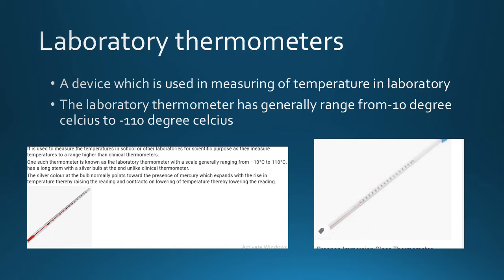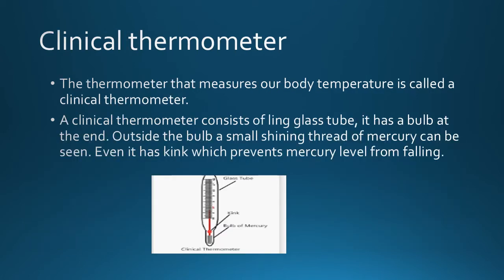It is used to measure the temperature in schools or in laboratories for scientific purposes, as it measures temperature to a range higher than clinical thermometers. Here you can see I've inserted a picture, and the silver color at the bulb normally points to the presence of mercury, which expands with the rise in temperature.